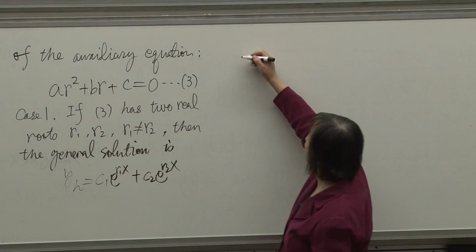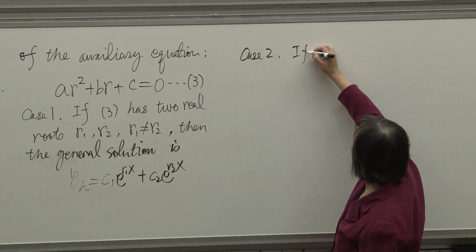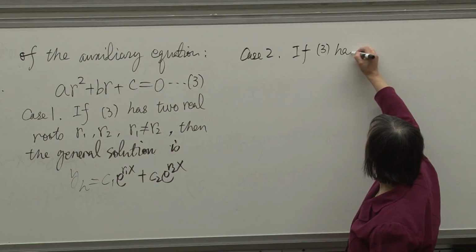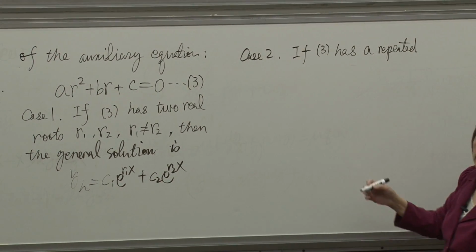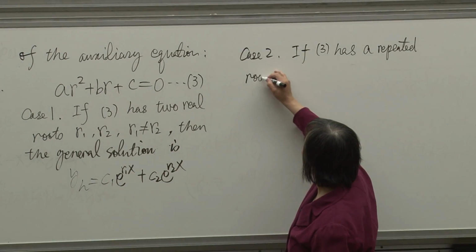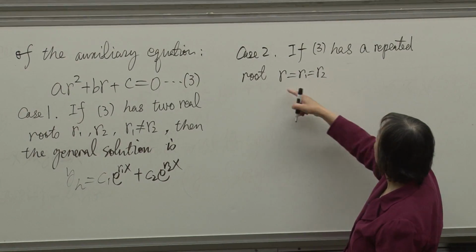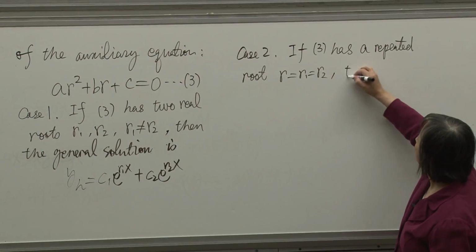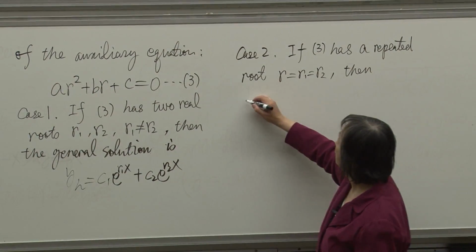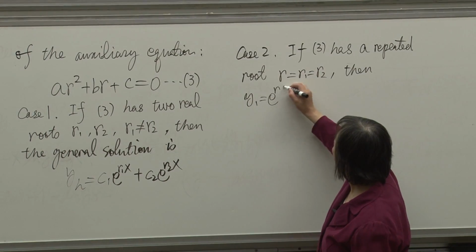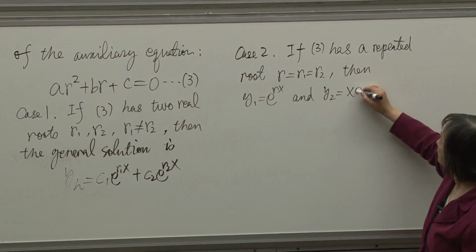In the second case, if auxiliary equation 3 has a repeated root, or a double root, denoted by r, that means r1 and r2 are the same as r, then we have two linearly independent solutions. y1 is e^(rx), and y2 is x e^(rx).